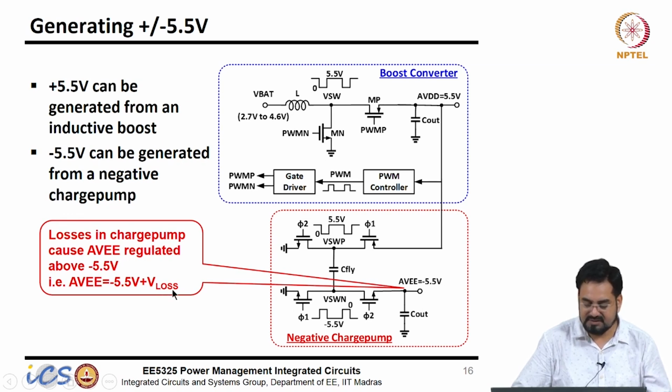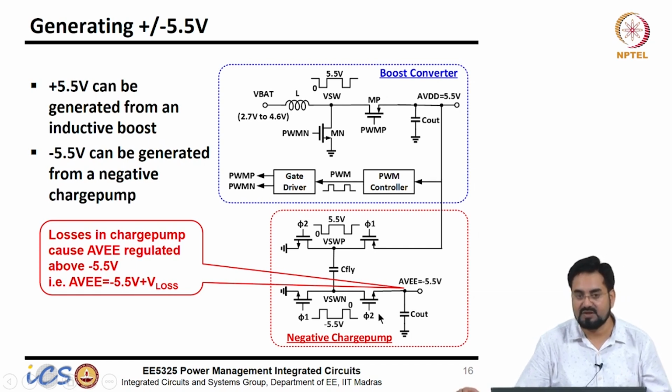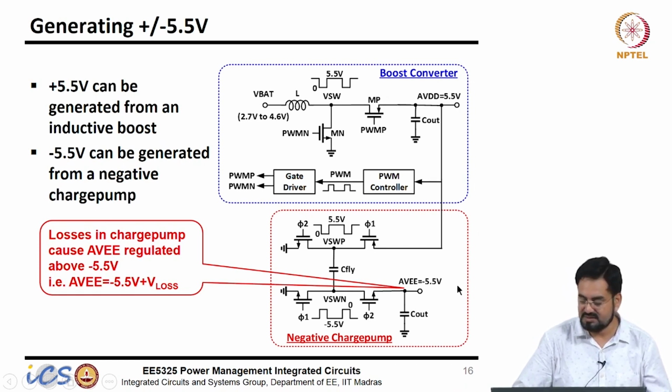Let us say V loss is the total loss in the voltage. Your output will be minus 5.5 volt plus V loss, and if V loss is 100 millivolt, then instead of minus 5.5 volt your output will be minus 5.4 volt. So your output will not be regulated exactly at 5.5. We need to fix this.